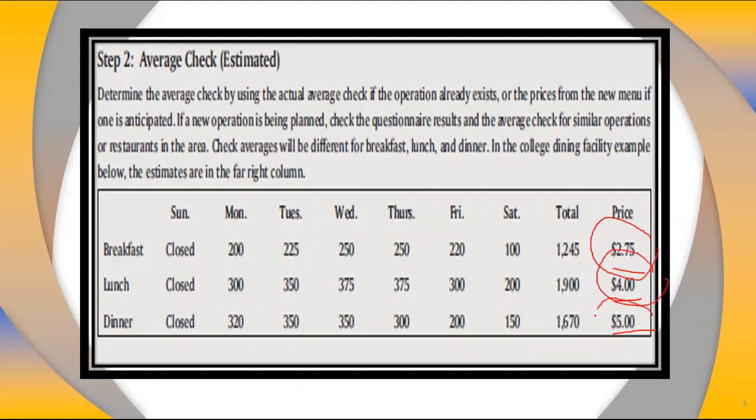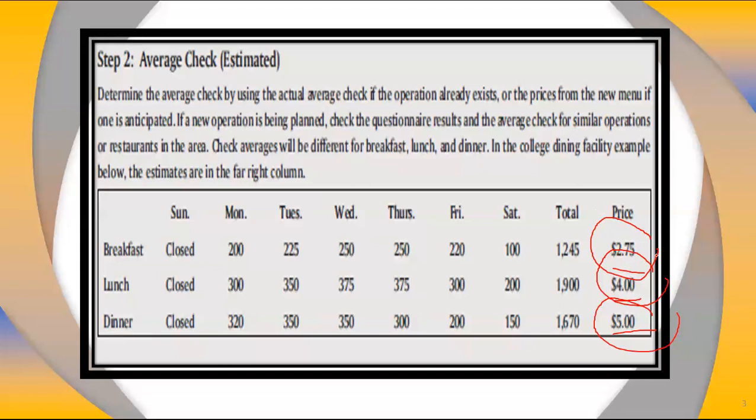When we say average check, this is from the new menu. Since you have formulated your own menu, based on that menu, what will be the amount of the food item or the dish that you think is more competitive?